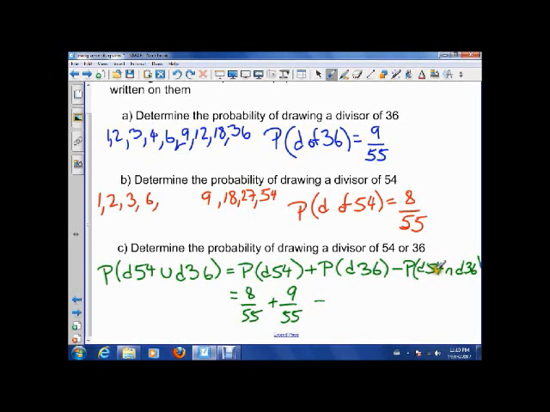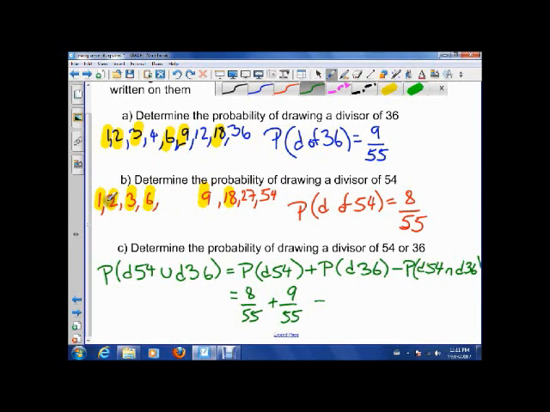And the probability of both is, well, let's highlight. So 1 is in both, 2 is in both, 3 is in both, 4 is not in both, 6 is in both, 9 is in both, 12 is not, 18 is. So I've counted all of these and I've counted all of these, but the ones that are highlighted, I've counted them twice.